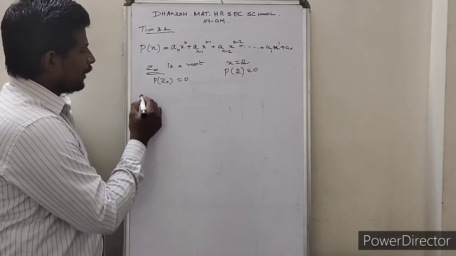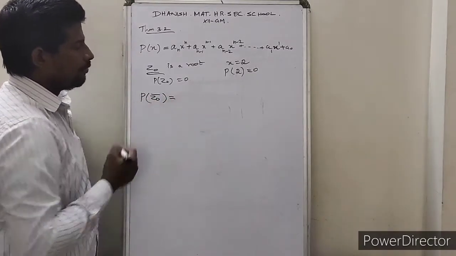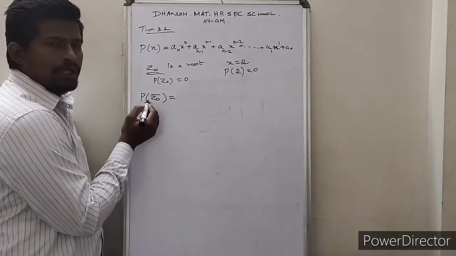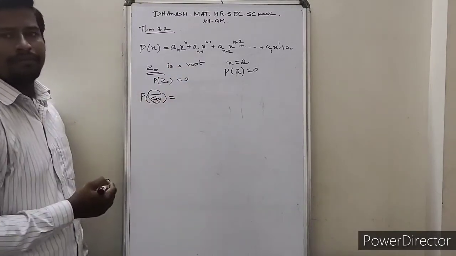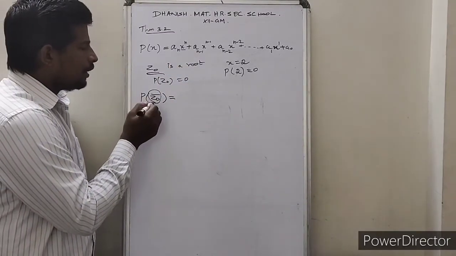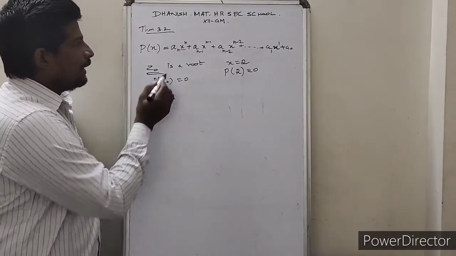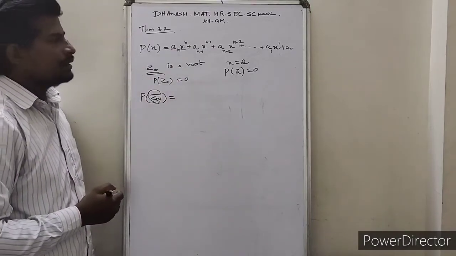Now I am going to find p of z0 bar. I am going to substitute x as z0 bar in p of x, because here our root is z0 bar.